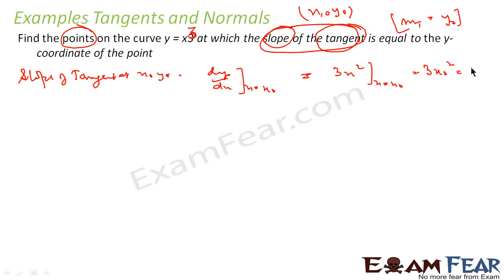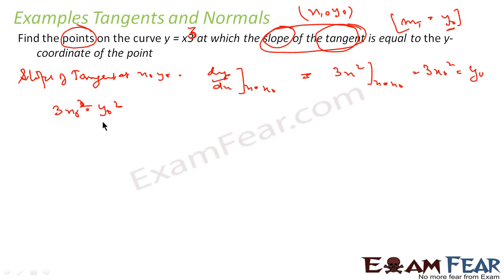And this is equal to y naught, given. Correct? The slope of tangent is nothing but y naught. So I have one equation, that is 3x naught square is equal to y naught.